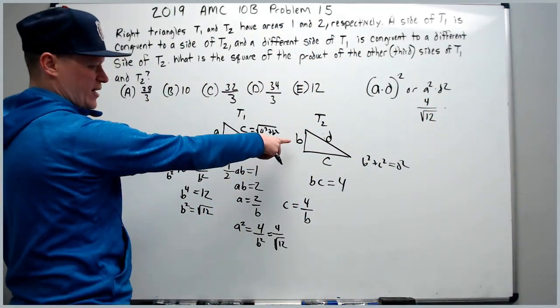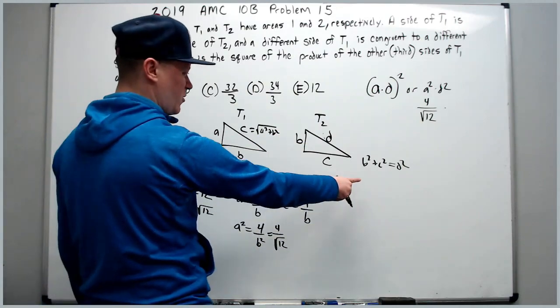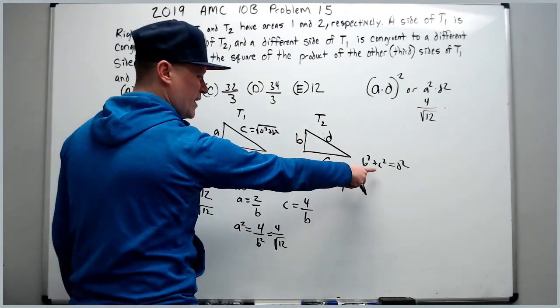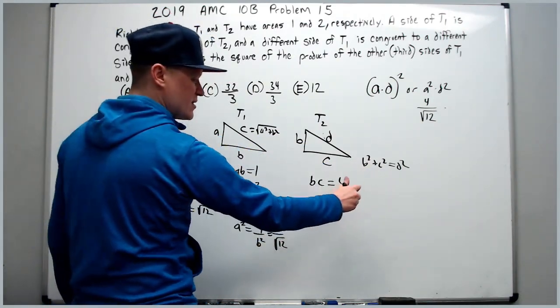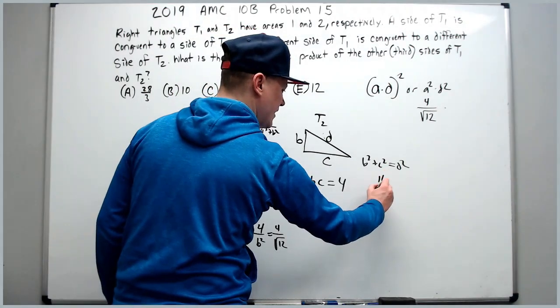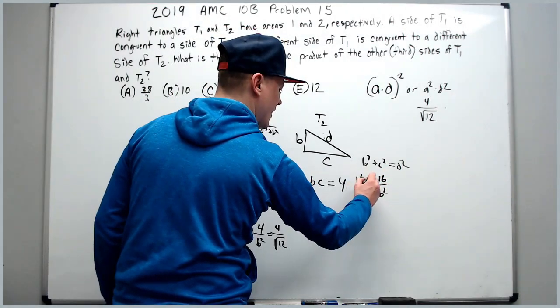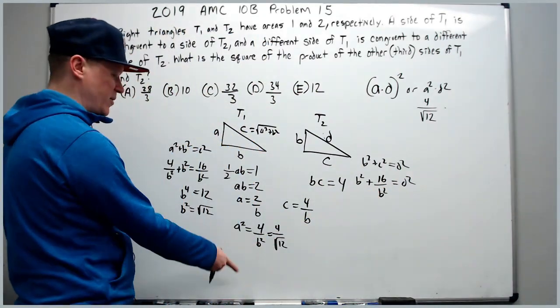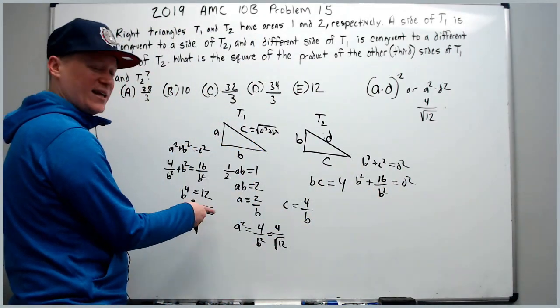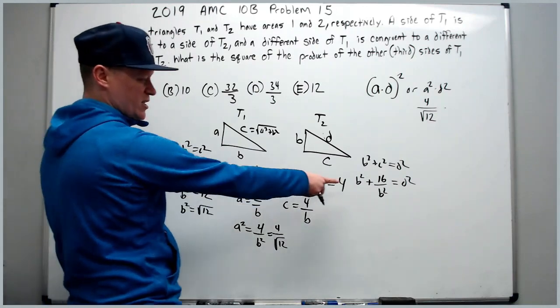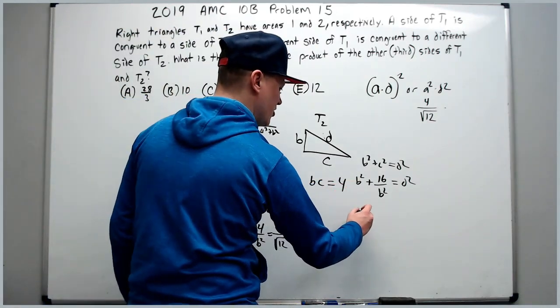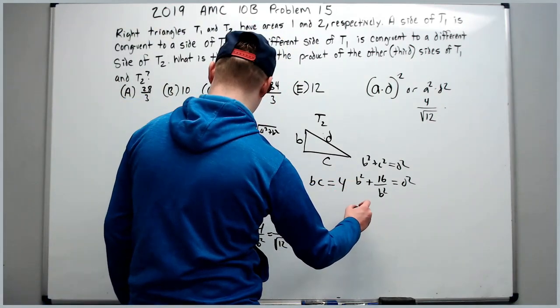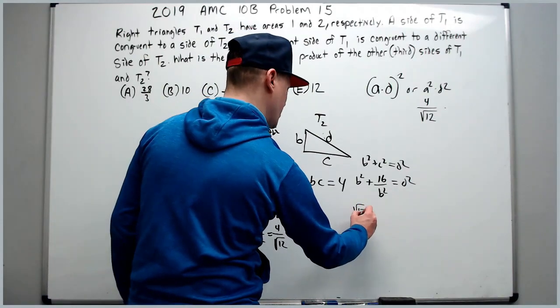Now we're going to come over here to B squared plus C squared equals D squared. We already know that C is 4 over B, so C squared is 16 over B squared, and we have B squared plus that is equal to D squared. But we know what B squared is, a good thing for us. We can just plug root 12 in. So you're going to get root 12, which is B squared.